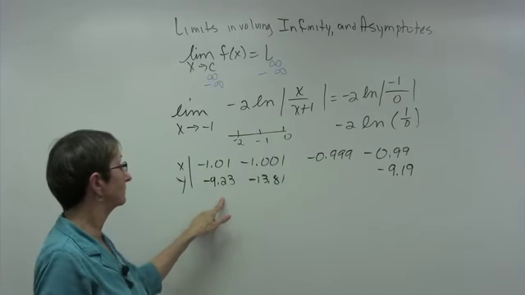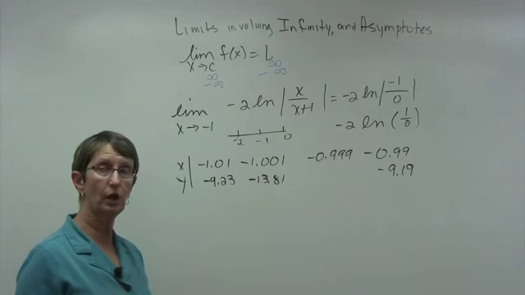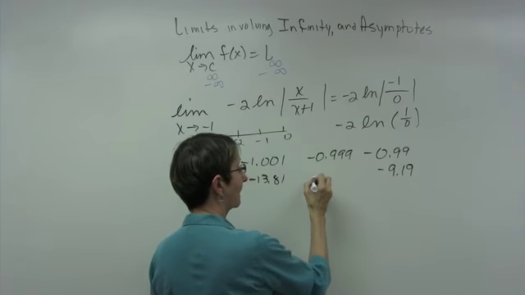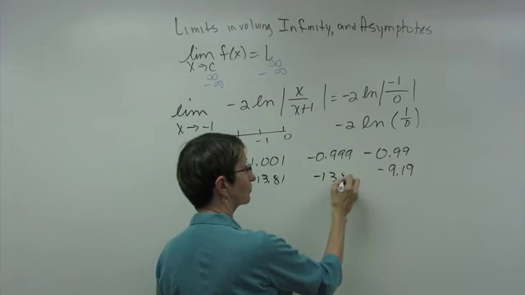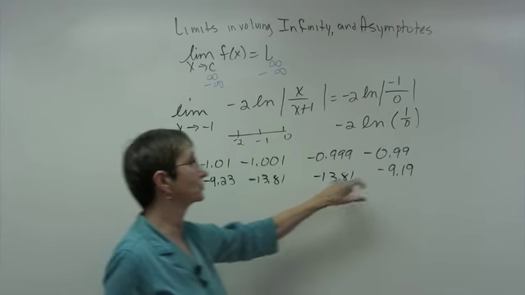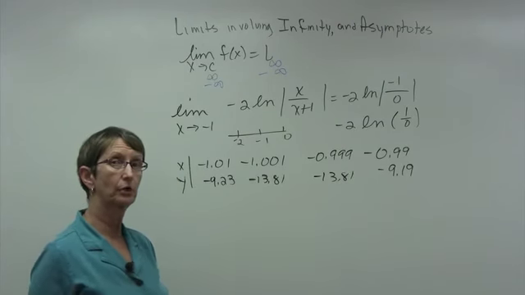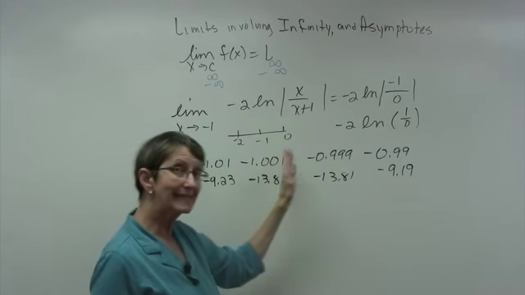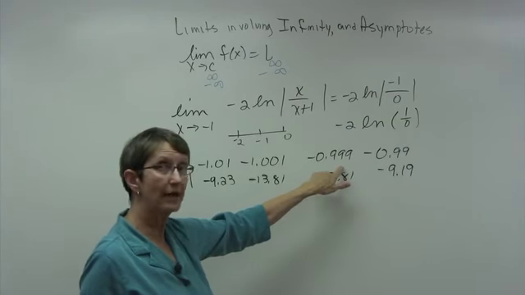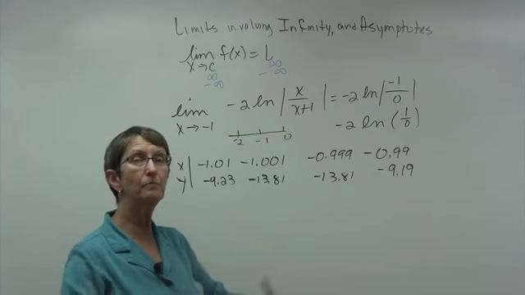Similar but different from being 1/100th of a unit on the other side. And if I put in negative 0.999, I actually get, if I round to 2 decimal places, the same thing. But I suspect that beyond these 2 decimal places, I do have different numbers. And I'm guessing that if I plug in something with an extra 0 here and another 9 over here, I'm going to get even bigger numbers.